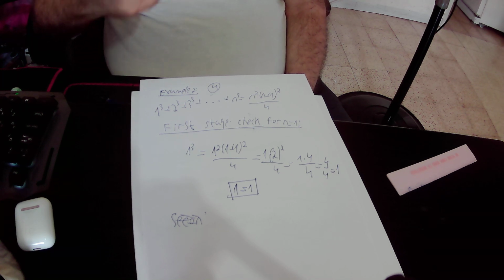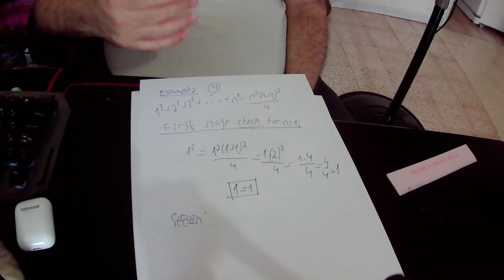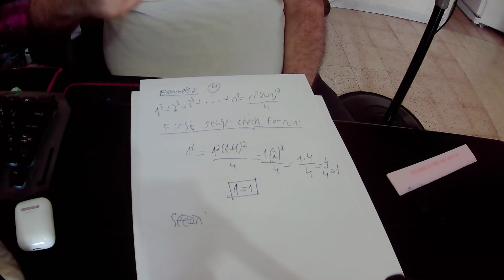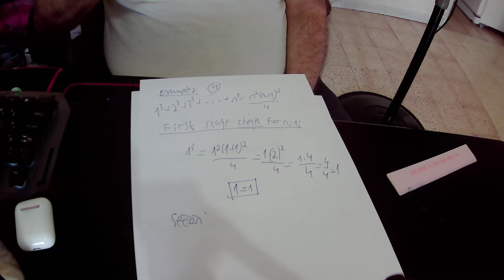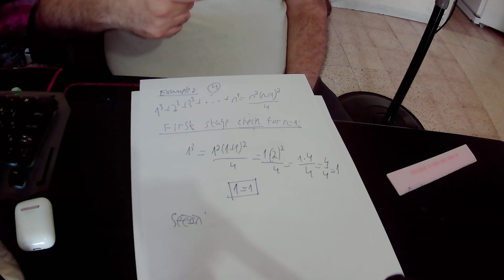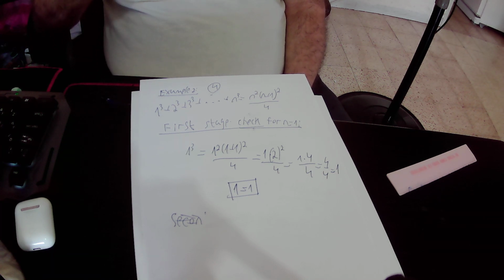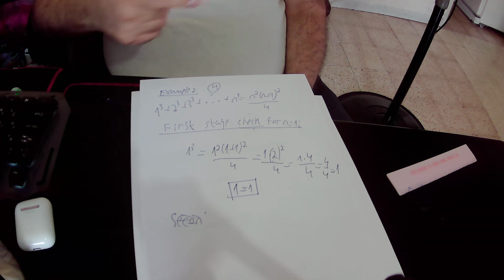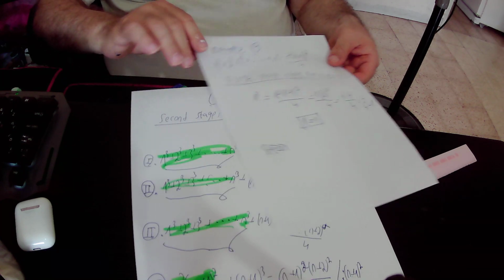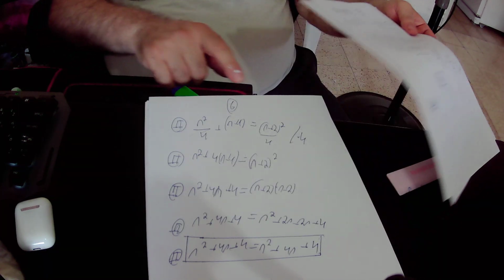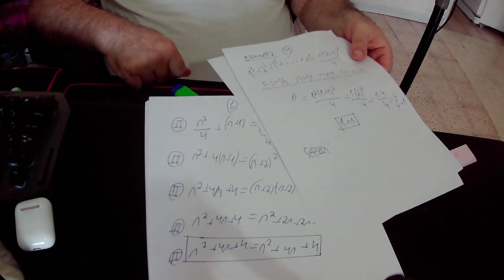And when we know that it's true for 3, it must also be true for 3 plus 1, because we have already proved that if it is true for n, it must be true for n plus 1. And we will repeat the same process in order to prove that it is true for 4 and for 5, 6, 7, 8 and so on and so on. And actually in this way we proved that this statement is true for all the natural numbers.